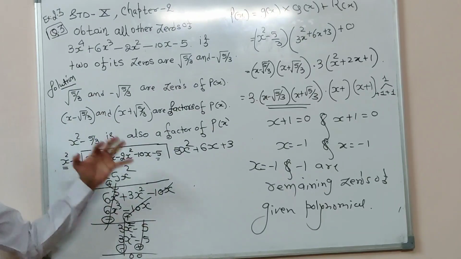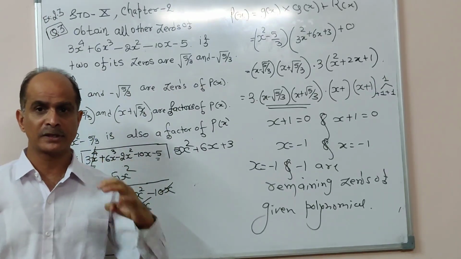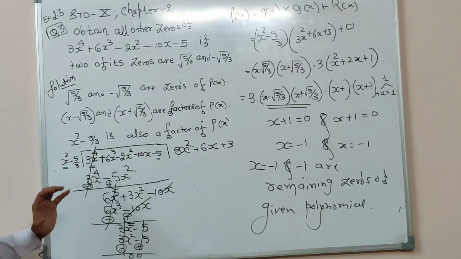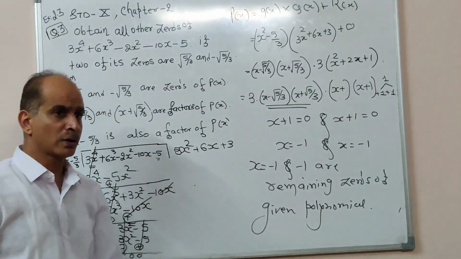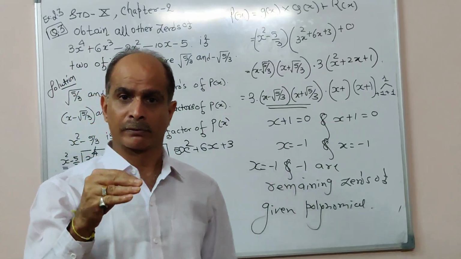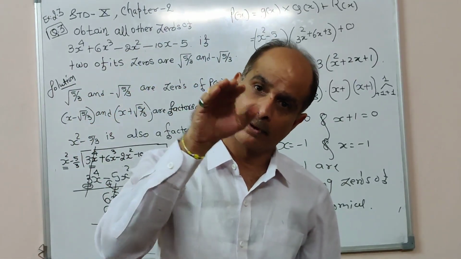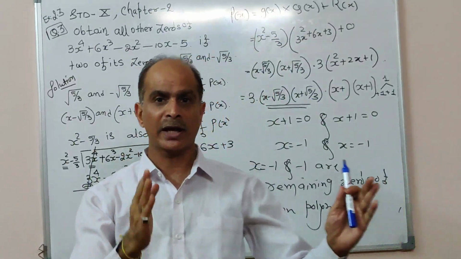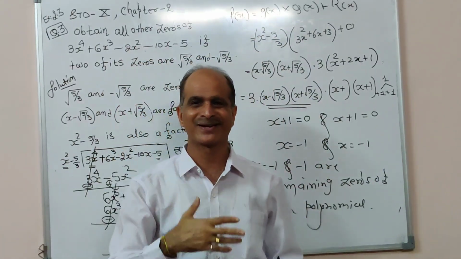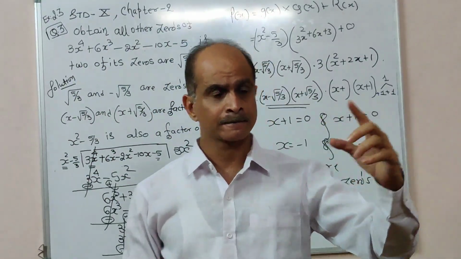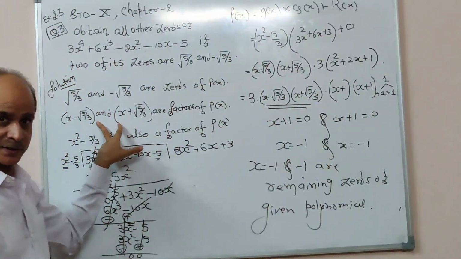So, a very important example; the weightage of this example is 3 marks in your board examination. Here a polynomial of degree 4 is given to you, 2 zeros are already given, and your aim is to find the other 2 zeros. From the given 2 zeros, find 2 factors.